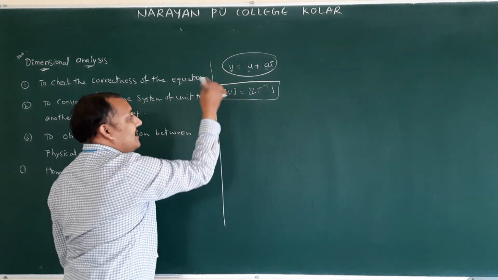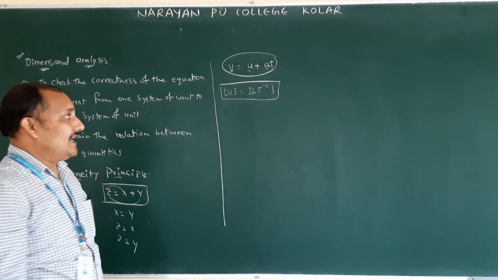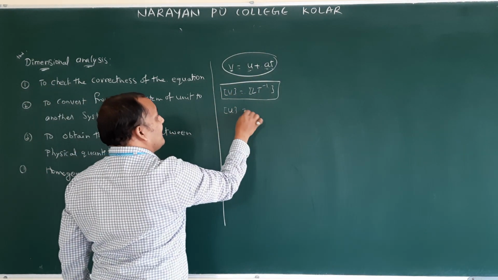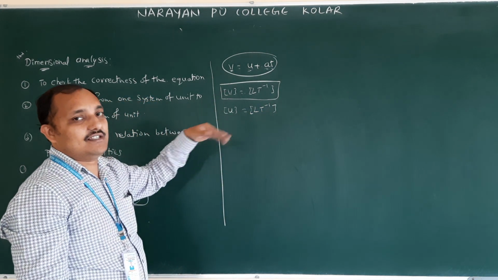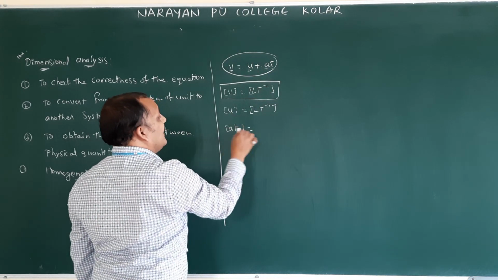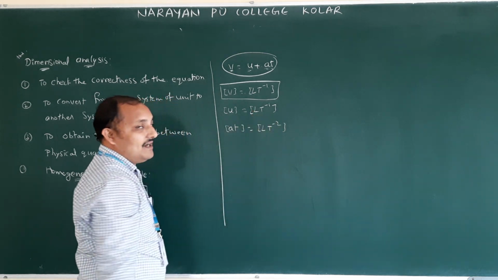The dimension formula of u will also be the same because both come under velocity. Next, at: a means acceleration, L T power minus 2.